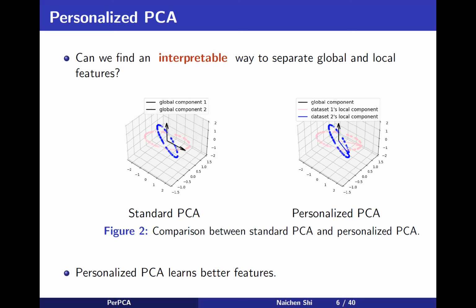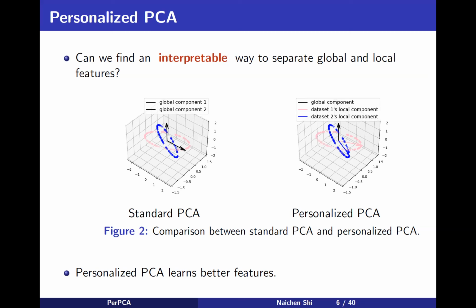If we run standard PCA on this data, we will recover two PCs represented as black arrows, one pointed up and one pointed horizontally. We can see that the black arrow that is pointing horizontally does not correspond to any PC of the dataset. Actually, it's an average of the PC from two different datasets.